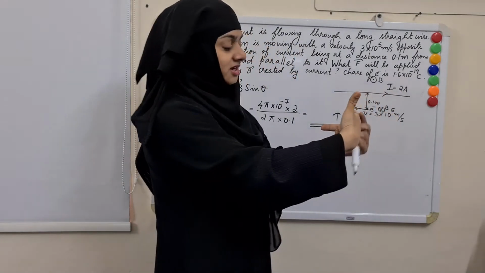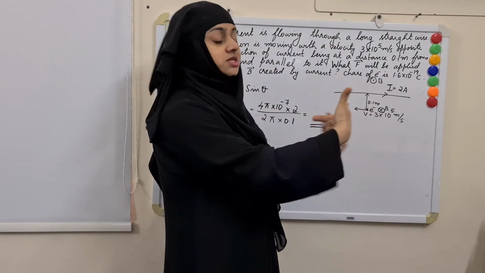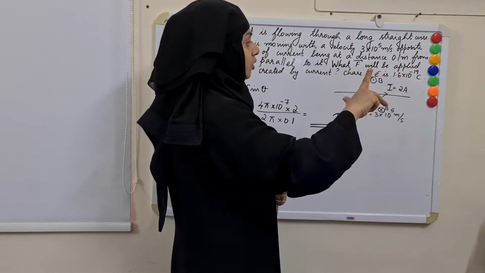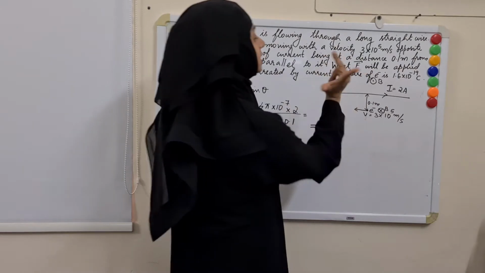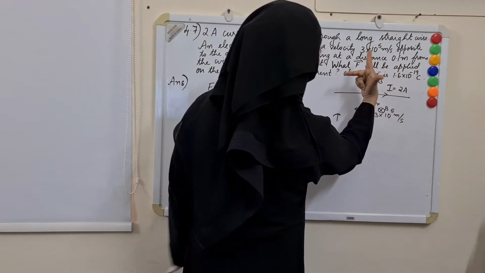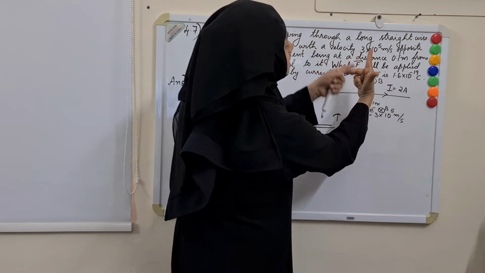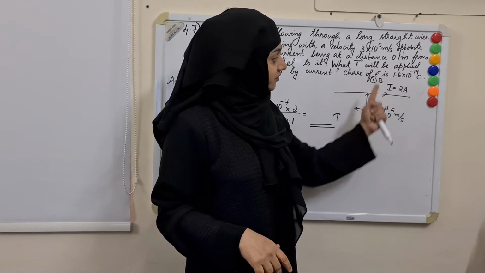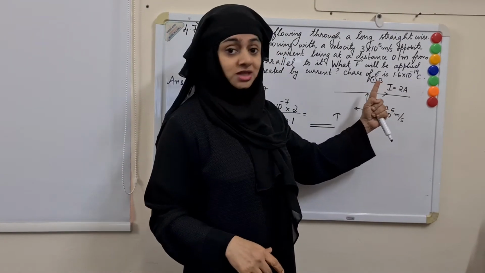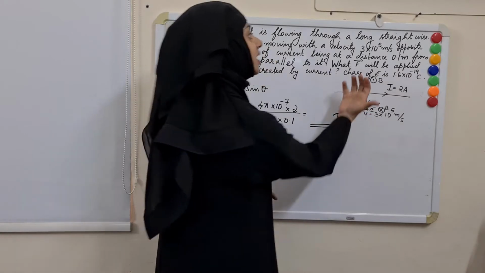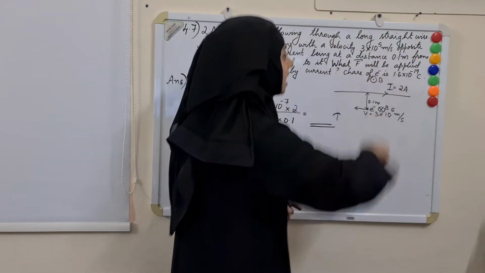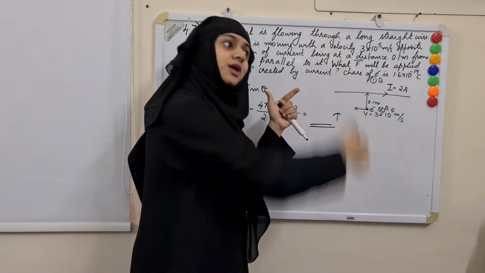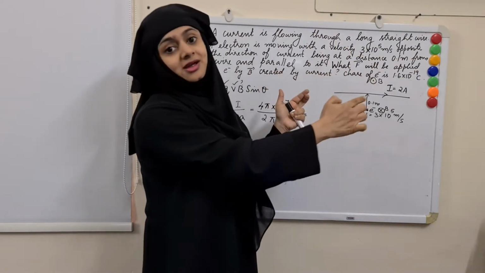So, the magnetic field and the electron's velocity are perpendicular to each other. Even in this direction, if I hold my first finger in the direction of field, the velocity of the electron is in this direction. So what is the angle between them? 90 degrees. And even if the electron was in front of the current at this position, the magnetic field is coming down, but the electron is moving opposite to the current, parallel to it. So downward and this direction, again 90 degrees.